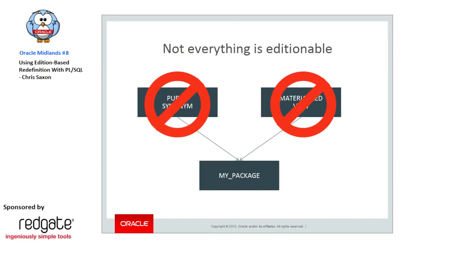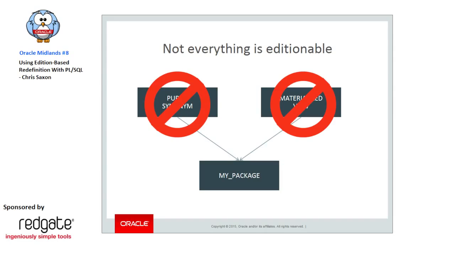So, not all objects are editionable. Now, it's best to look in the docs and just double check exactly, but primarily PL/SQL objects are editionable, so packages, views, functions, object types, things like that. Everything else is not editionable, so you can't edition tables, you can't edition indexes.